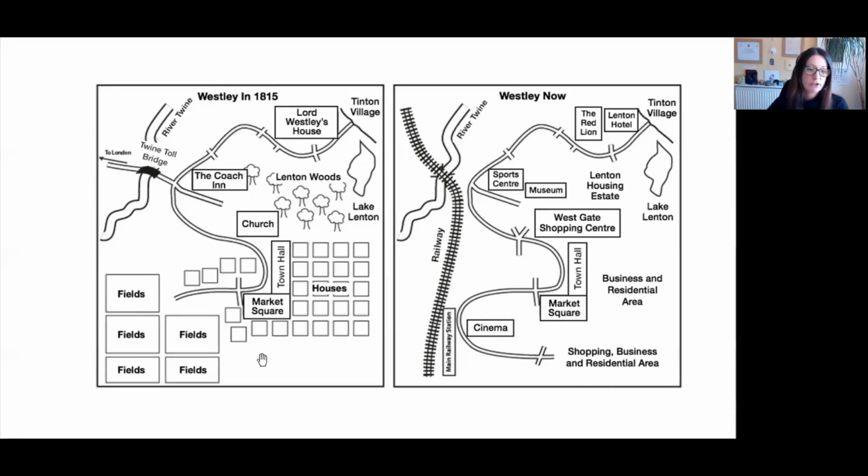So we've got much less natural space now than before. We've also got the train line, and we've also got more business and commercial and shopping areas than we did have in 1815. So when we look at the map, those are probably the main things that stand out without looking in too much detail.